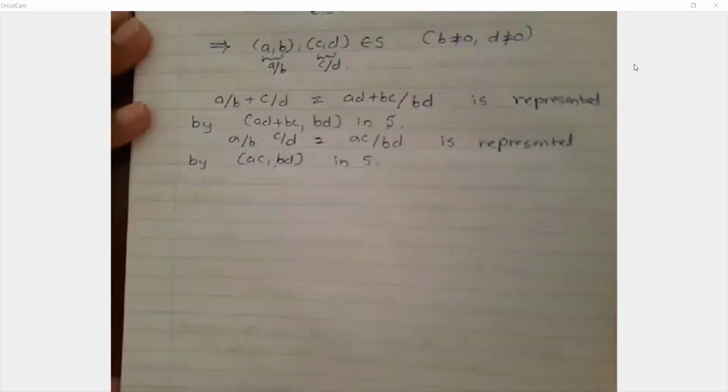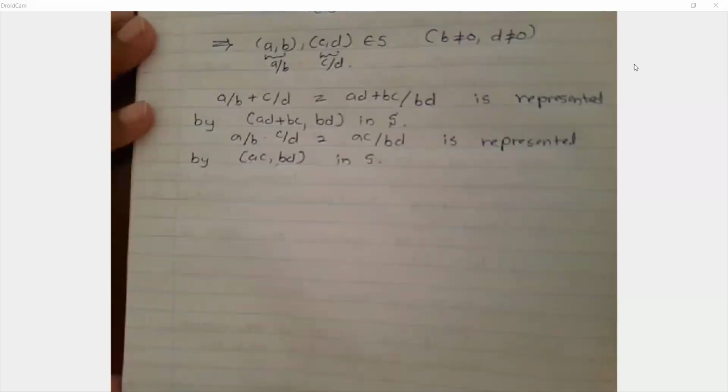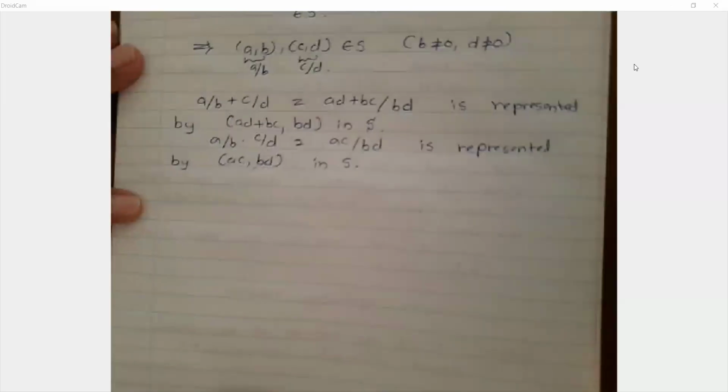Now, some properties of this addition and multiplication. First one: addition in F is commutative, and not only that, associative.